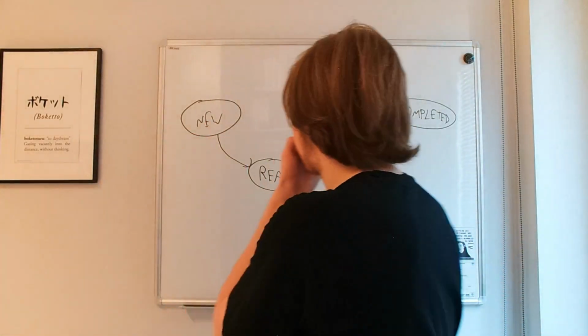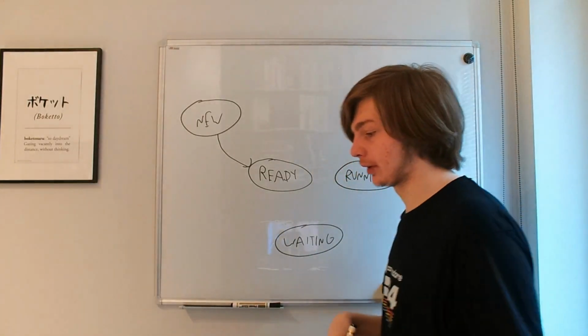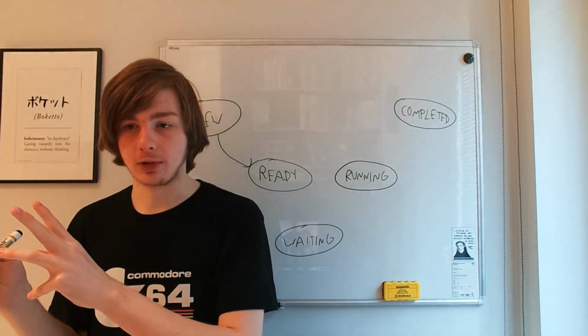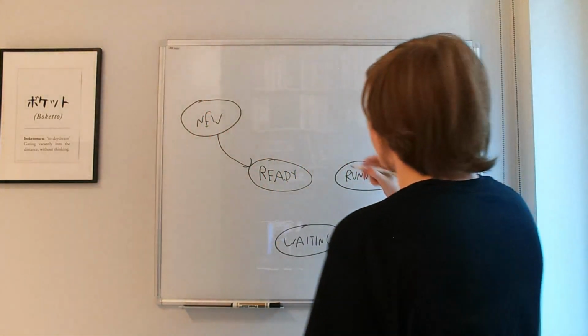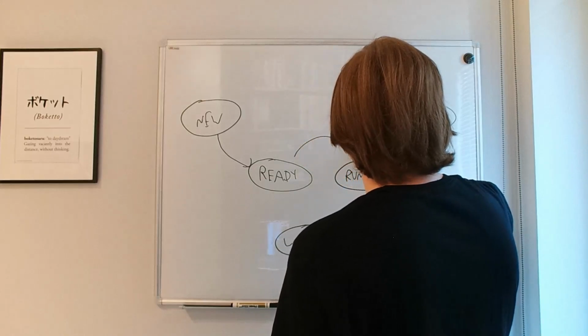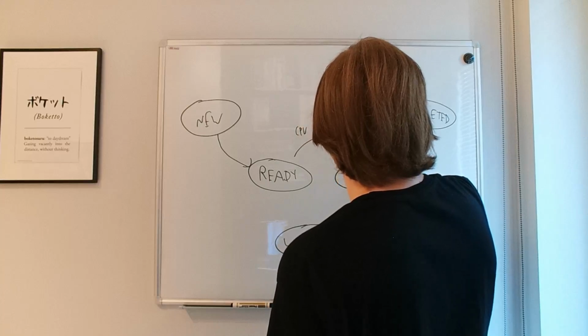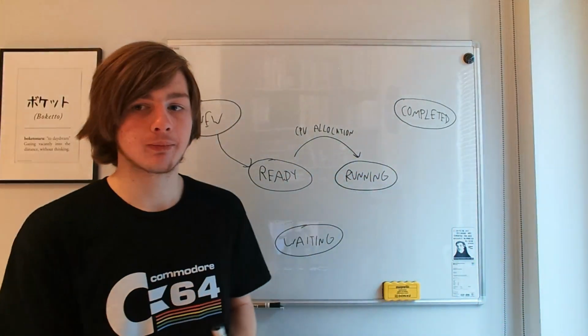So if it comes to going from ready to running, as we've said, that means that it has finally been allocated CPU time, right? And its code is actually going to be running. This is CPU allocation. So we allocated some CPU time.